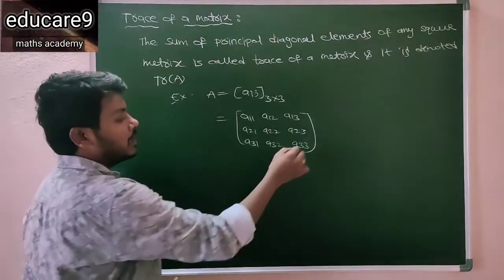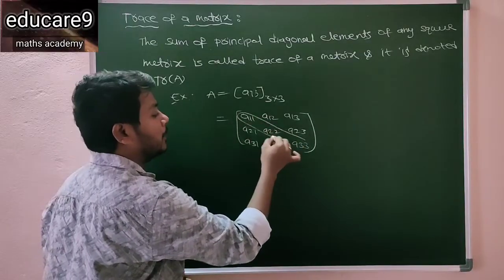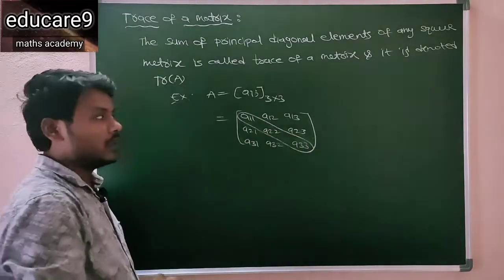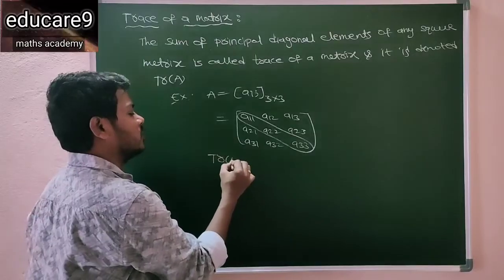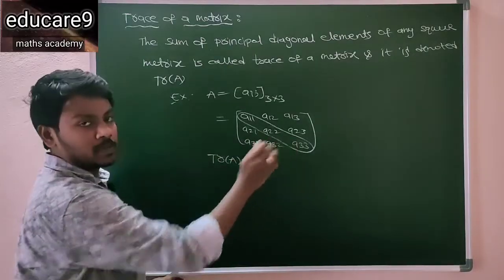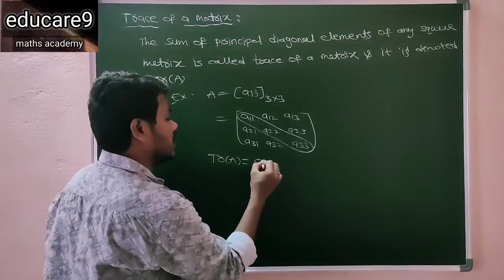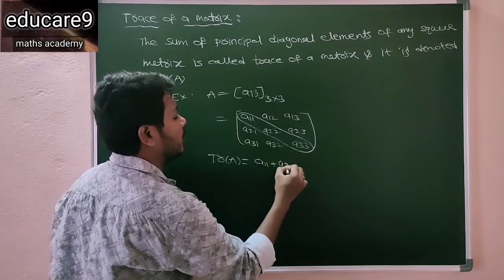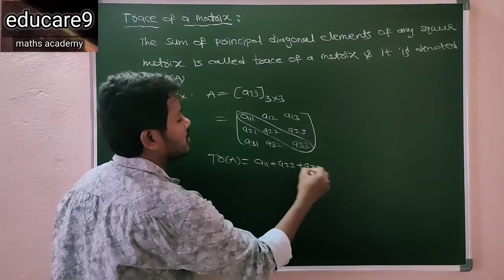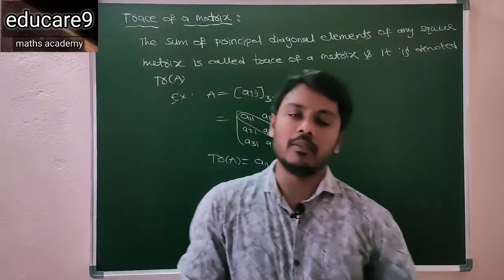So these are the principal diagonal elements. Then trace of A is the sum of these principal diagonal elements, that is A11 plus A22 plus A33. So this is the trace of a matrix.